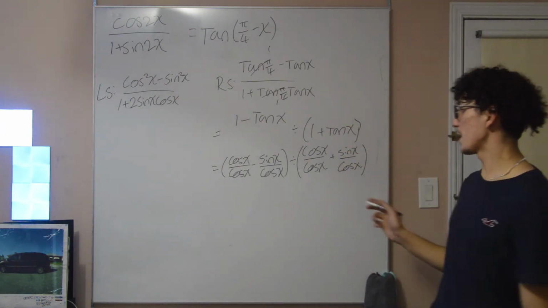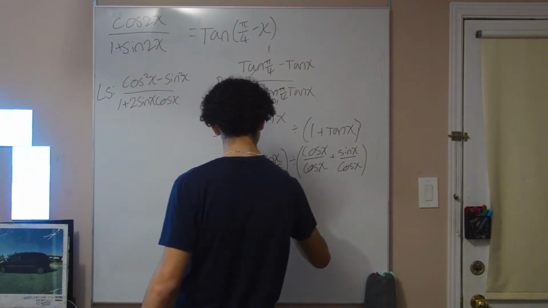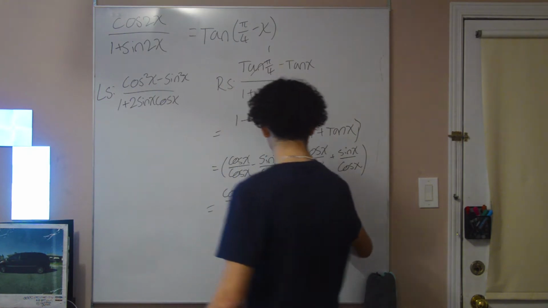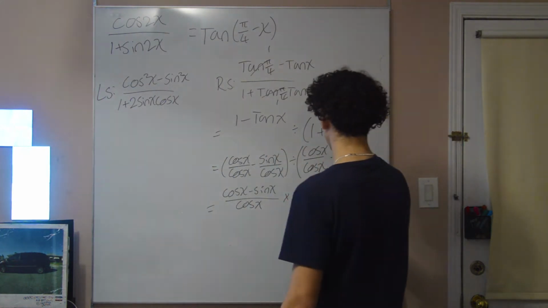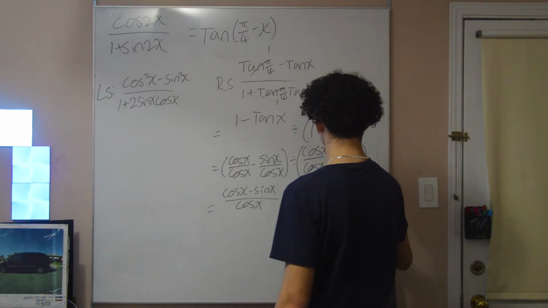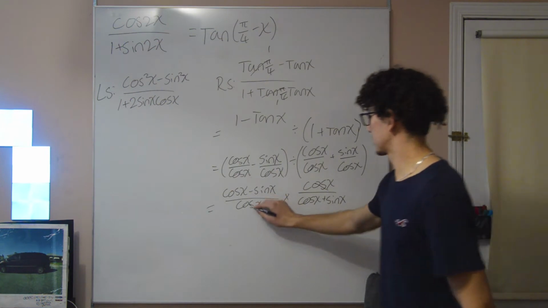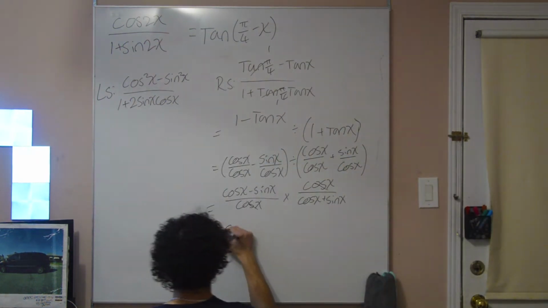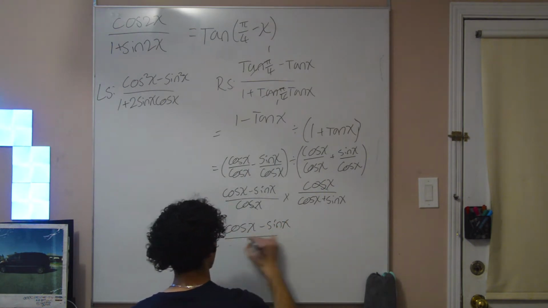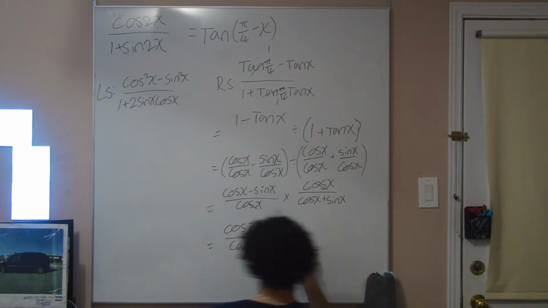Now, here, we get cos x minus sine x over cos x, and we're basically multiplying by cos x over cos x plus sine x, just like that. Well, that can crisscross, and we get cos x minus sine x over cos x plus sine x.